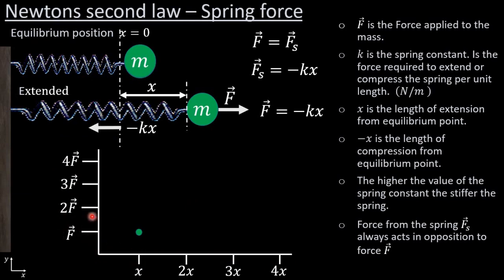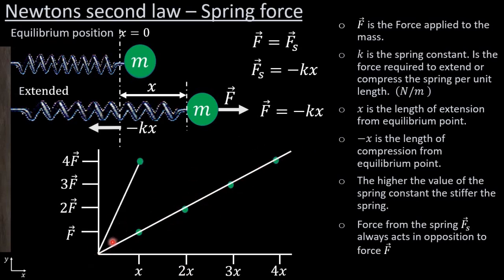If we apply a force of 2F, we'll extend it by a length of 2x, and so on. If we keep extending it and plot the graph, we'll get a straight line like this. The gradient of this line on the graph will give us the spring constant, k.